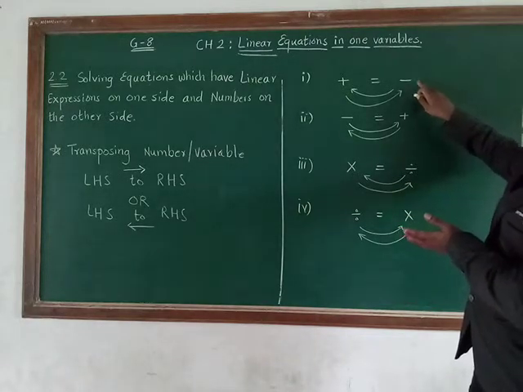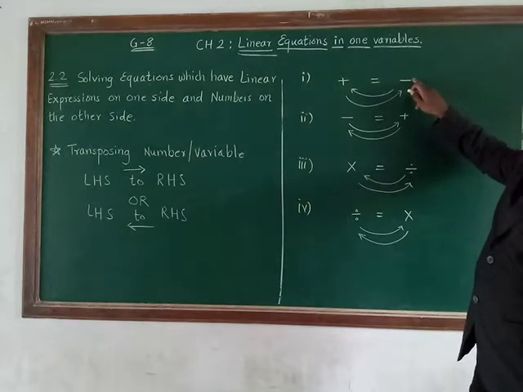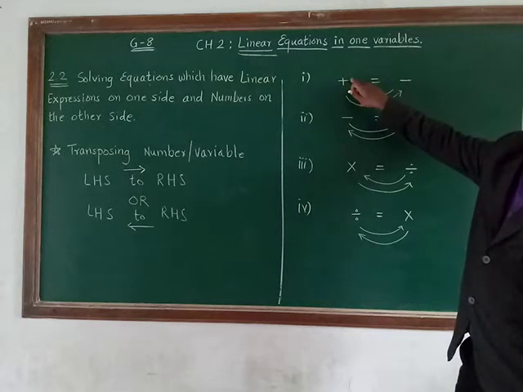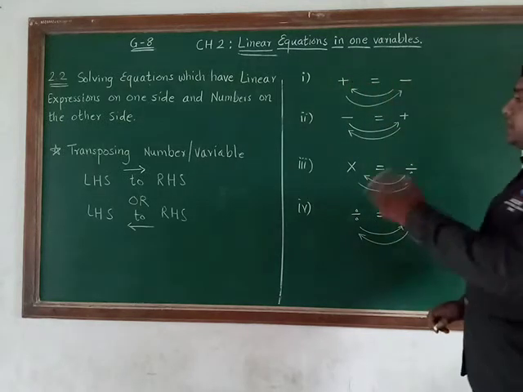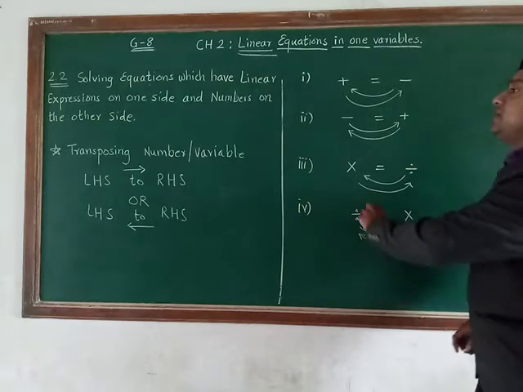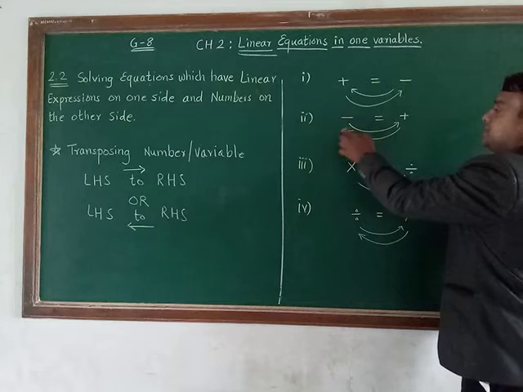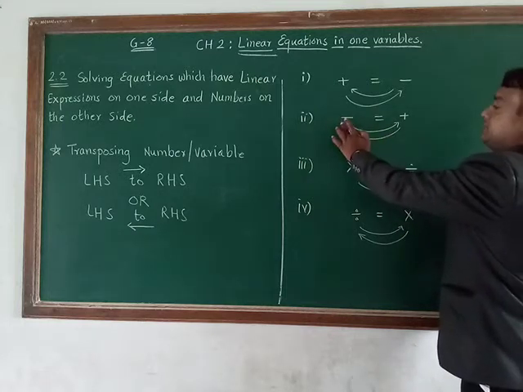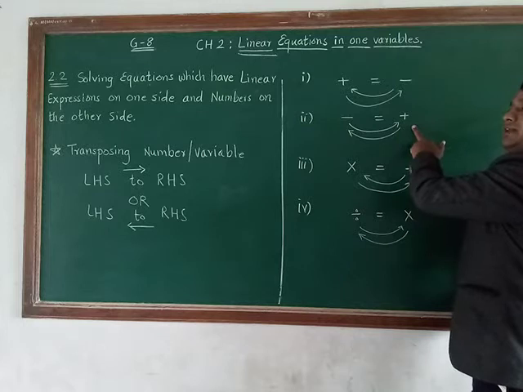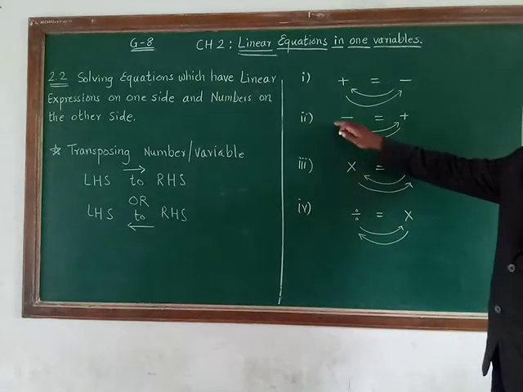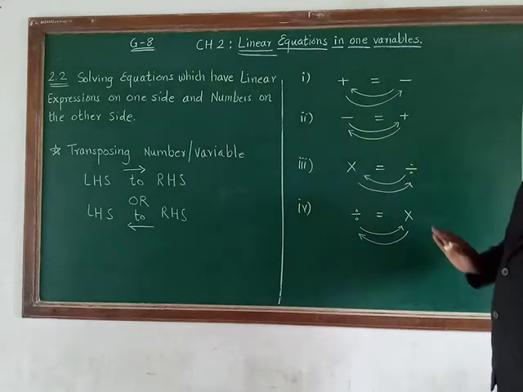Likewise, whenever we transpose a negative number or variable from the right hand side to the left hand side, the negative number becomes positive. The second rule: whenever we transpose a negative number from the left hand side to the right hand side, the negative becomes positive. And whenever we transpose from the right hand side to the left hand side, the positive number becomes negative.